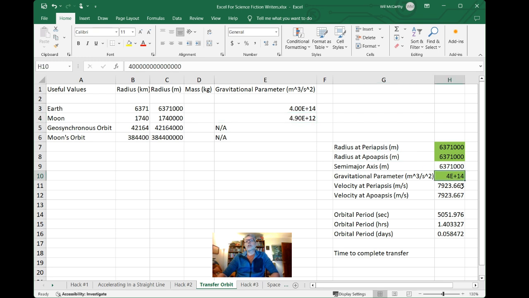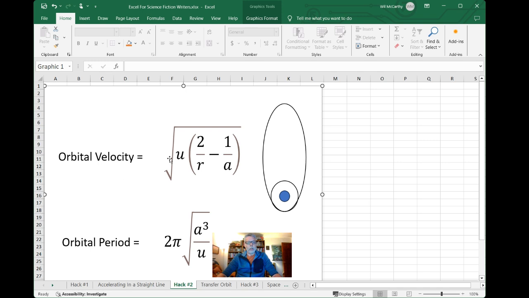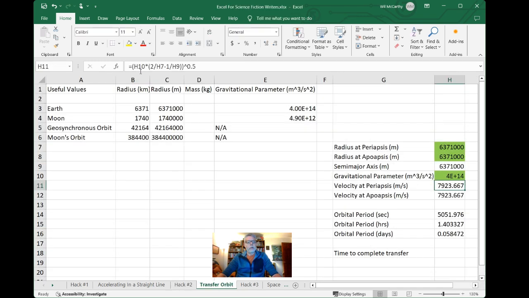For the gravitational parameter, we'll use the value for Earth, 4 times 10 to the 14th meters cubed per second squared. And then this calculation here, which we take from our velocity equation here, we can very simply calculate our velocity at periapsis and apoapsis.